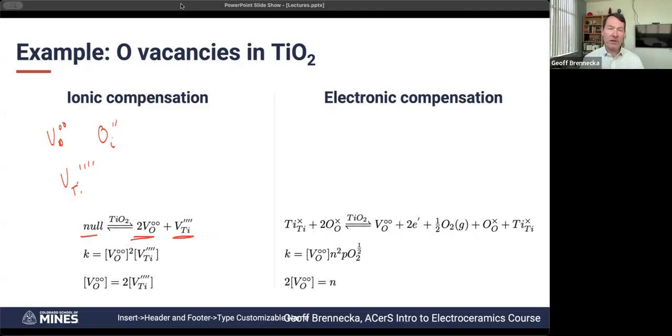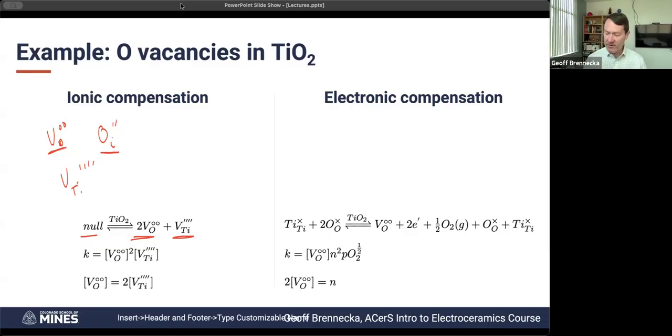We pull out a stoichiometric number of vacancies, ta-da, that's a Schottky defect. That's really all this is. So ionic compensation often ends up being either Schottky or Frenkel. If we were to compensate with an oxygen interstitial, that would just be an anionic Frenkel defect. They're just special names for the same stuff that happens all the time.